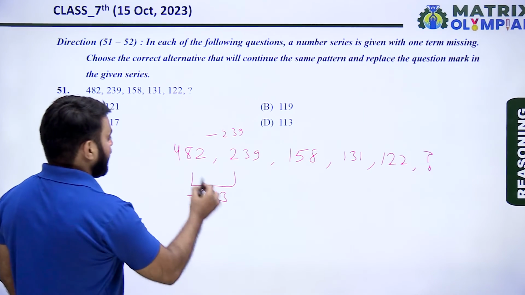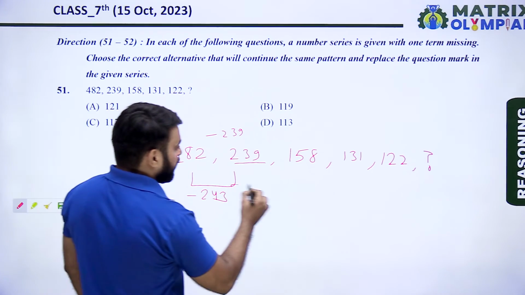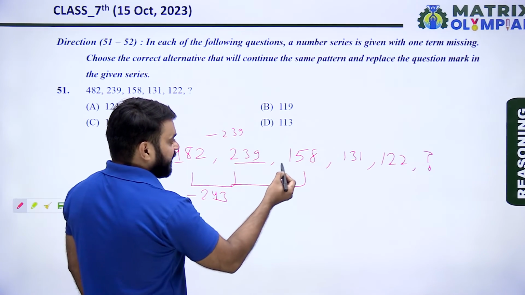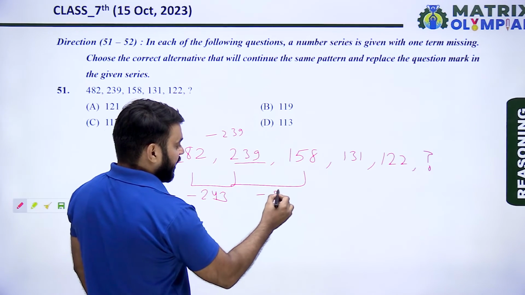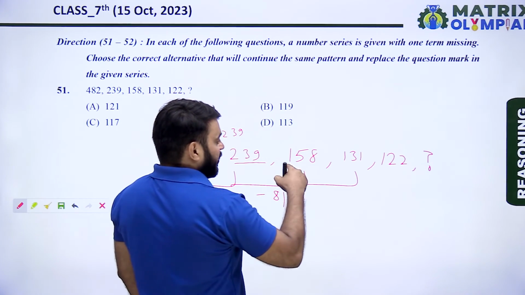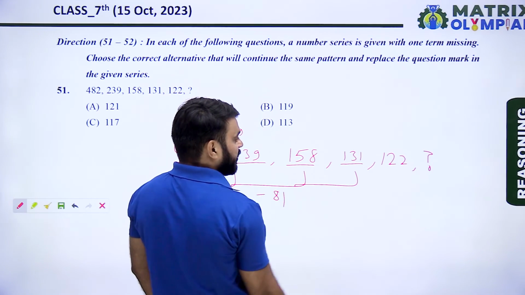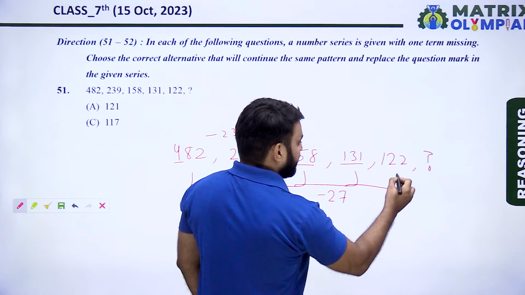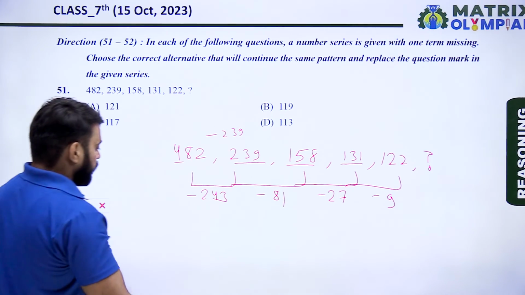So difference between 482 and 239 is 243. Now find the next difference. 239 minus 158. It means 81. Now find the next difference. 158 minus 131. It means 27. Now find the next difference. Next difference is 9.